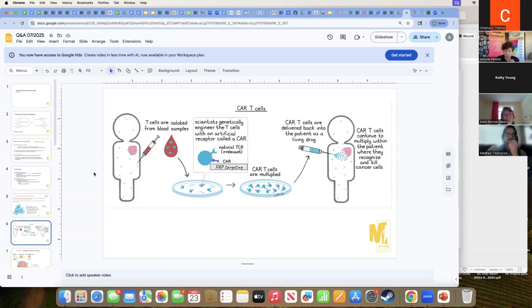So how does it work in human, in patients? So the CAR T cells, I'm sure most of you have heard about that. They use it a lot in tumor, now in cancer. There was a safety study, it was a really large study.